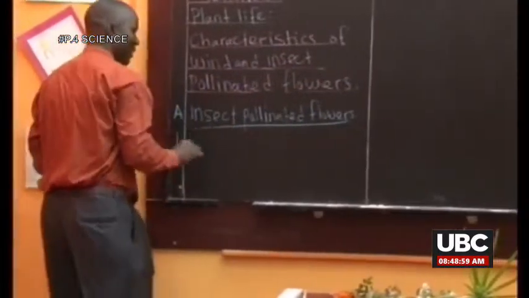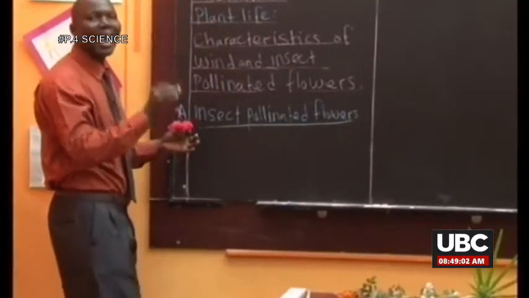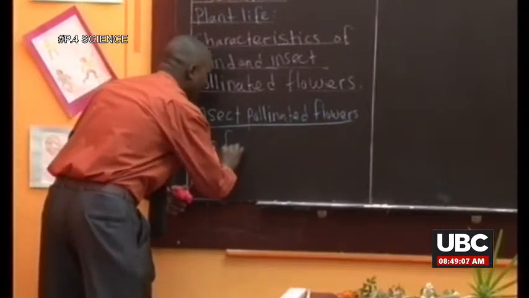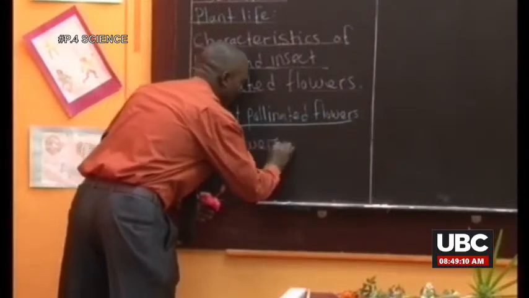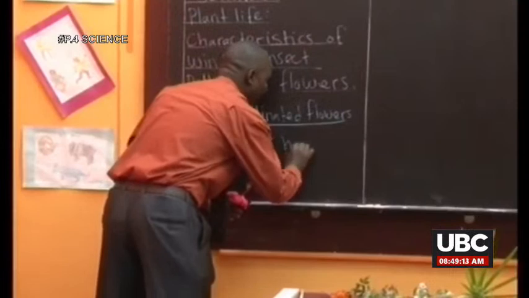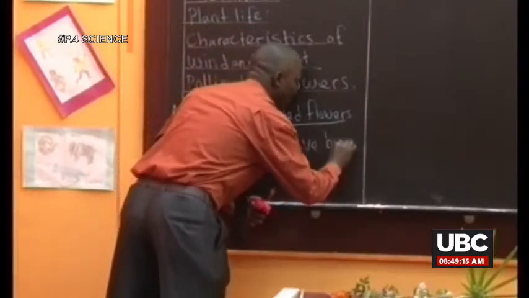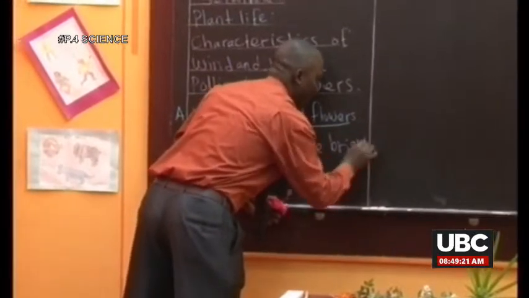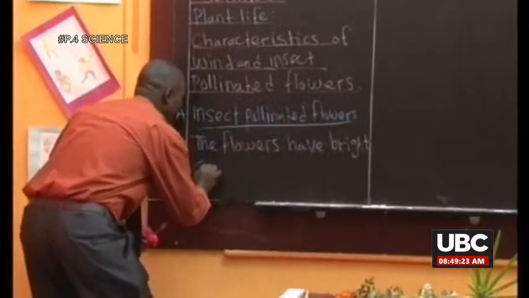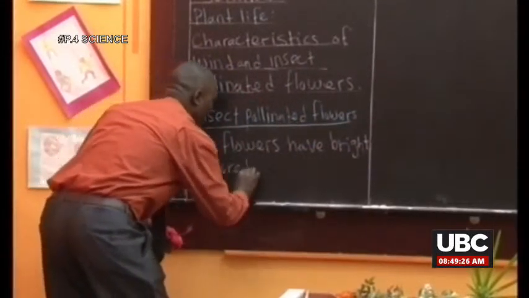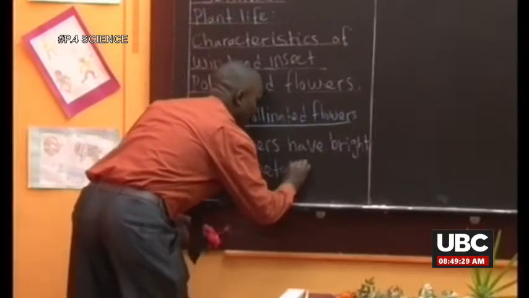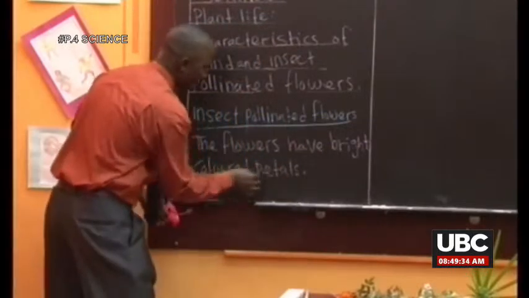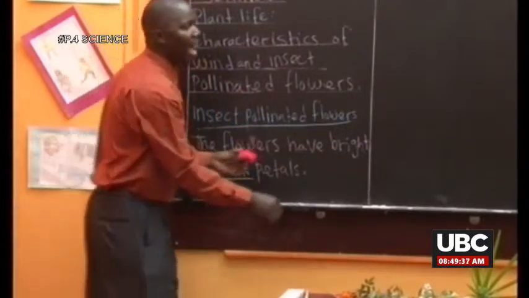So number 1, we say these flowers have bright colored petals. Children, don't forget the word colored. The colors are bright.